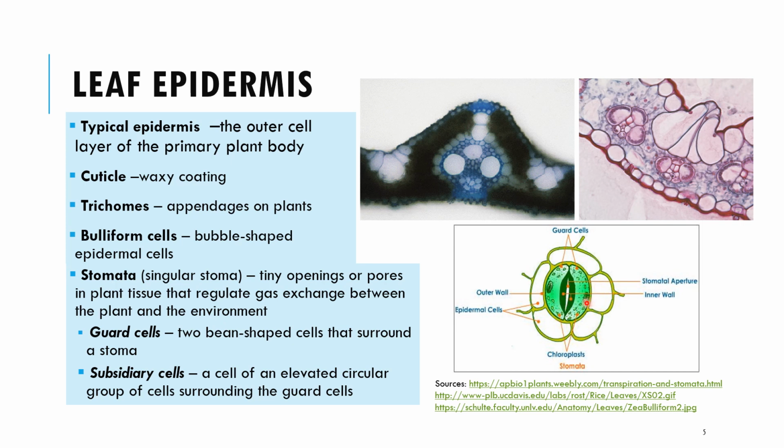A guard pair consists of two cells that surround the stomatal pore and control the aperture, and I will show you more detail on the next slide. Subsidiary cells, or accessory cells, are located next to the guard cells and differ in structure from other epidermal cells.